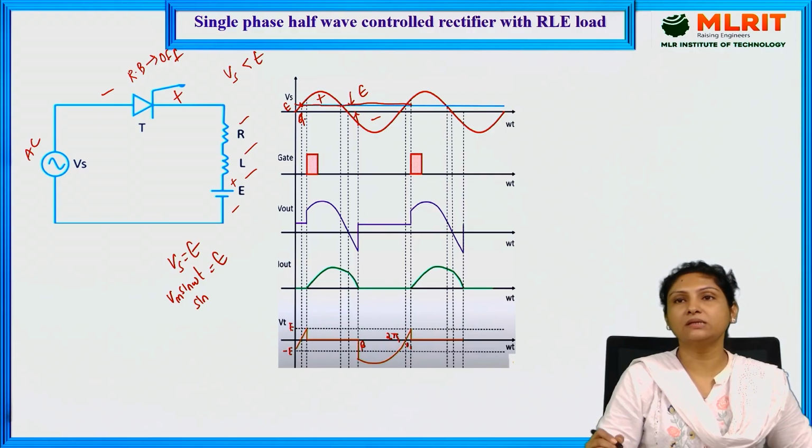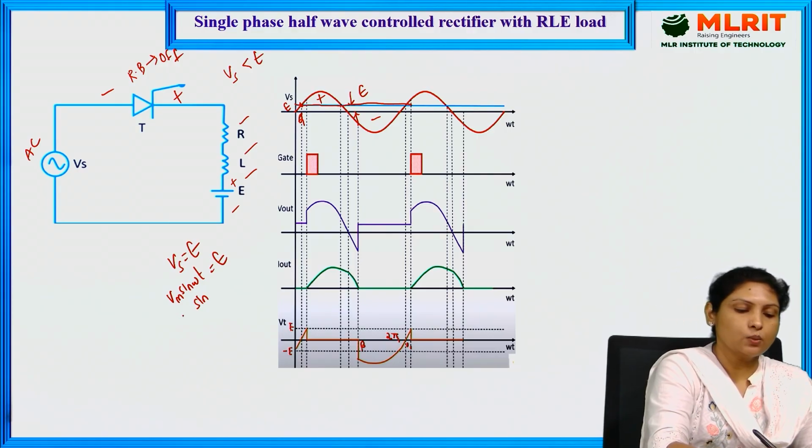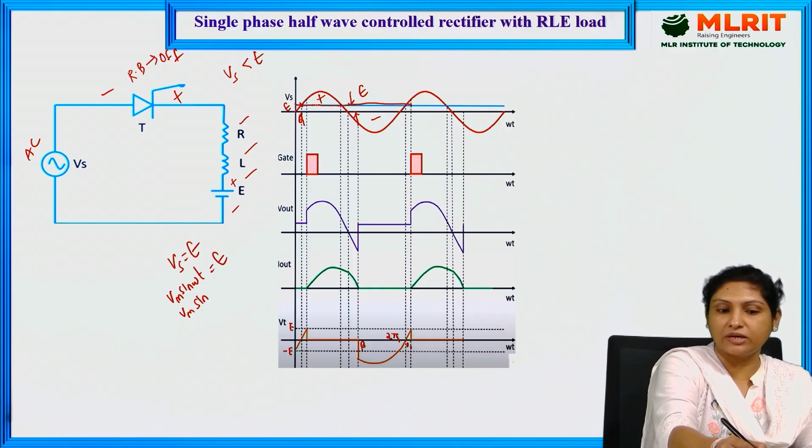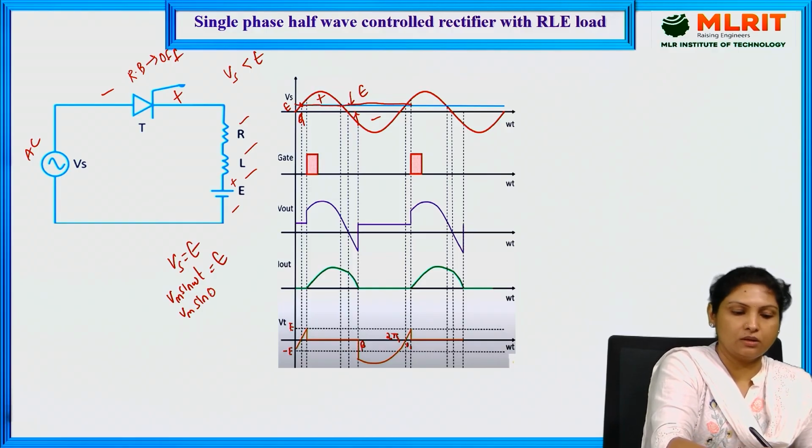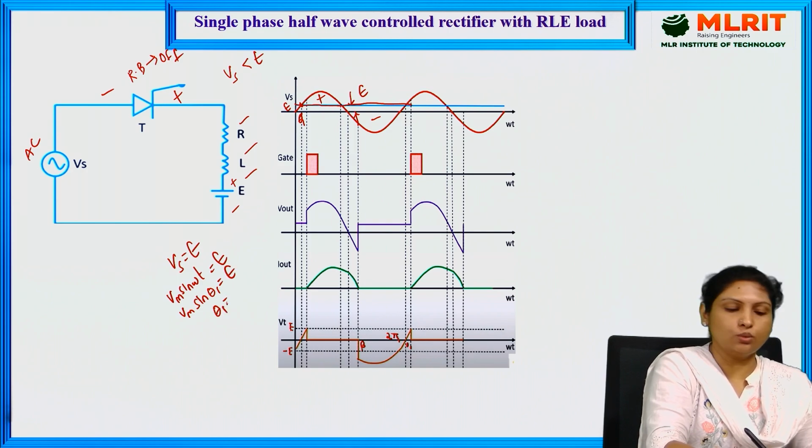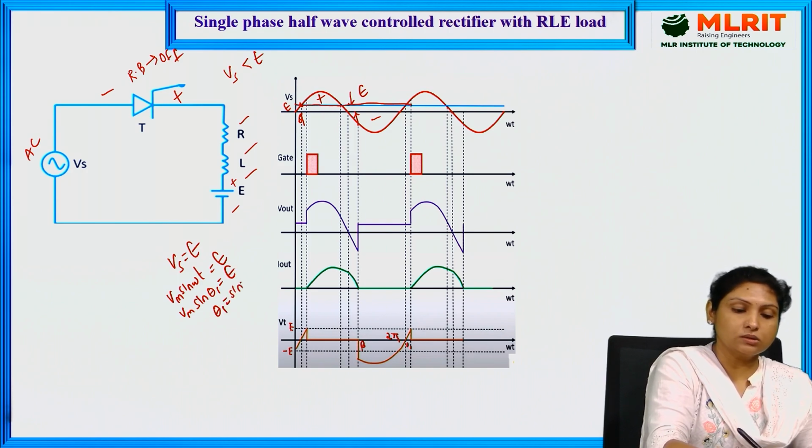In that case, Vm sine omega t, at this instant theta 1, is equal to E, where theta 1 becomes sine inverse of E by Vm.